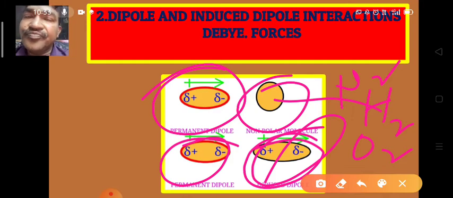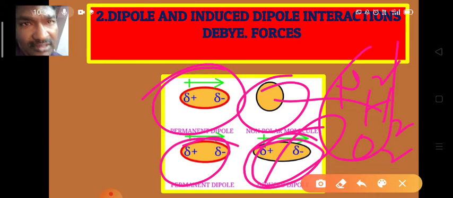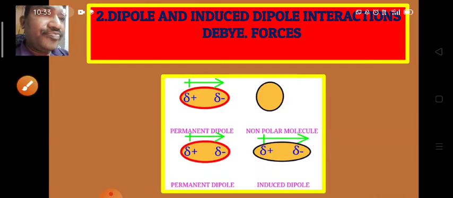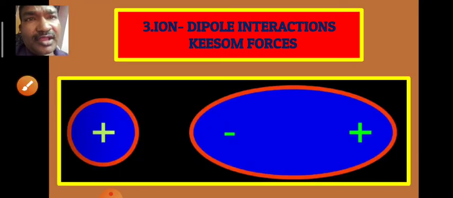As a result, they dissolve in water in small proportions. If these attractions are not present, then nitrogen, hydrogen, and oxygen gas are not going to dissolve in water. Okay. Next, we go for the ion and dipole interactions.